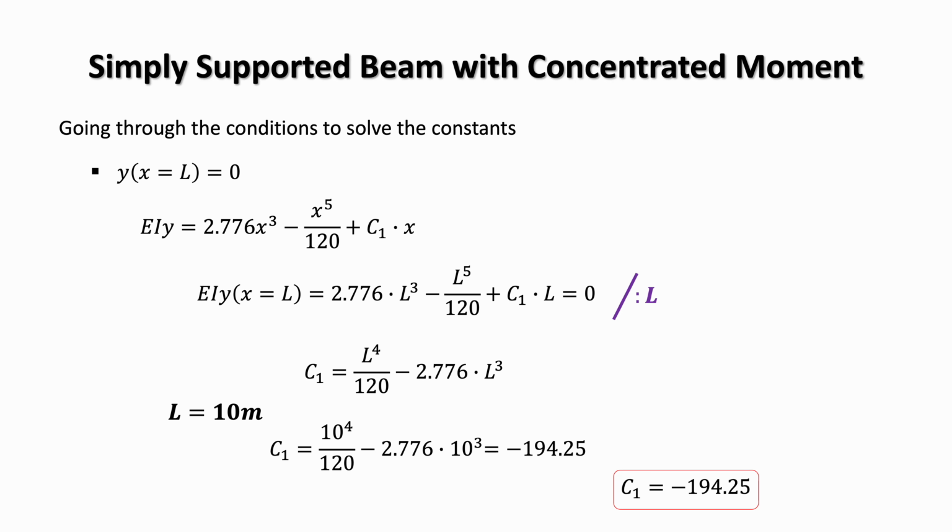At this point, I just want to note an issue with accuracy. So in this example, several of the coefficients were already expressed in decimal form as a result of earlier rounding. Now this is acceptable for hand calculations, but it can lead to accumulated rounding errors as we progress with all this algebra. So after dividing through by L and substituting the span length L equals 10, we obtain a numerical value for the constant.